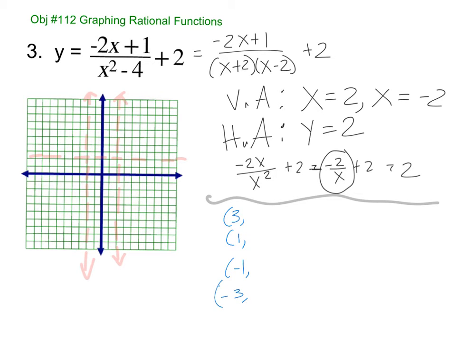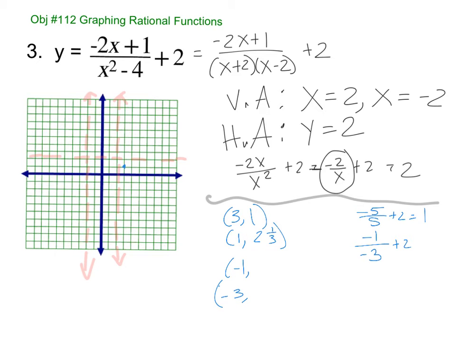So now if I plug in 3, I get -6 plus 1, -5 over 5 plus 2. That's a 1. If I plug in 1, I get -1 over -3 plus 2. So 2 1/3. So let's see. 3, 1.